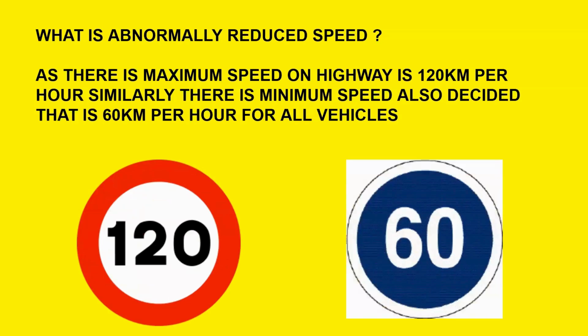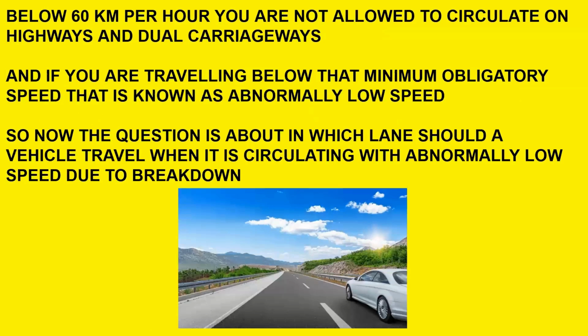So you cannot cross 120 kilometers, and you are also not allowed to drive below 60 kilometers. Below 60 kilometers per hour, you are not allowed to circulate on highways and dual carriageways. And if you are traveling below that minimum obligatory speed, that is known as abnormally low speed.